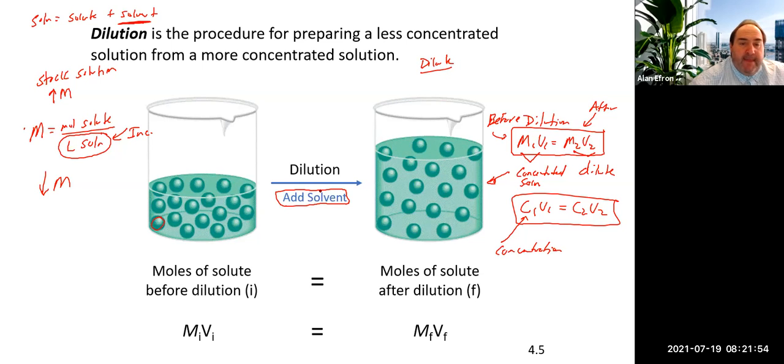Now, when we use this specific equation, M1 V1 equals M2 V2, there is a little bit of difference in how you do the calculation compared to using molarity and volume by itself.